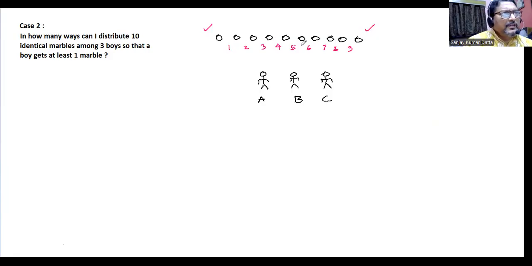In these 9 vacancies, let 2 vacancies be occupied, one plywood each. Not a single vacancy by 2 plywoods. 2 vacancies, 2 plywoods occupy. So how do you do that? The number of ways you can select 2 vacancies out of 9 is 9C2 ways.